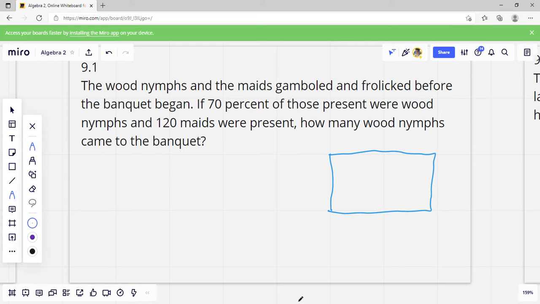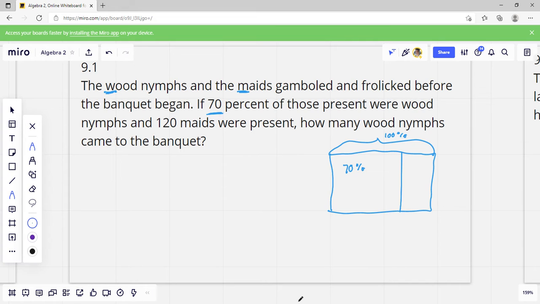Okay, and we know that this whole thing is 100%. Alright, and it says we've got 70%. So that's a big chunk right there. Alright, so it says there's wood nymphs, I'm going to use a W, and M for maids.